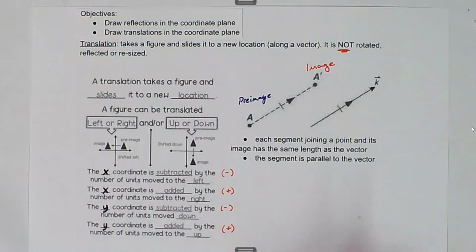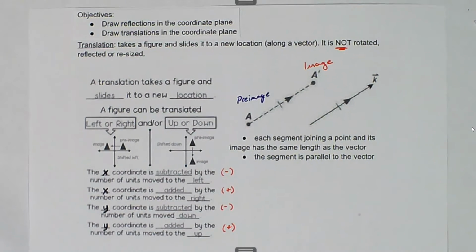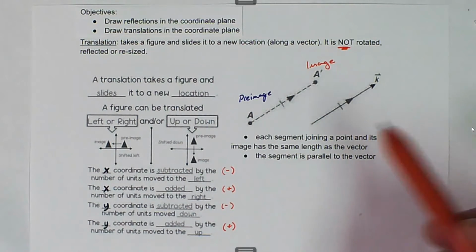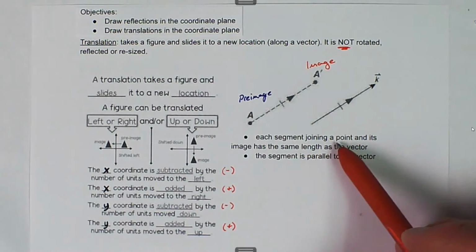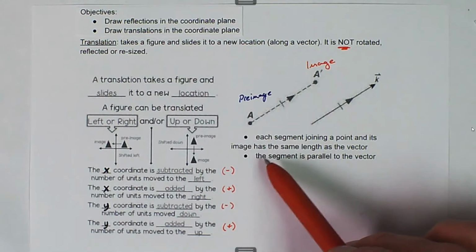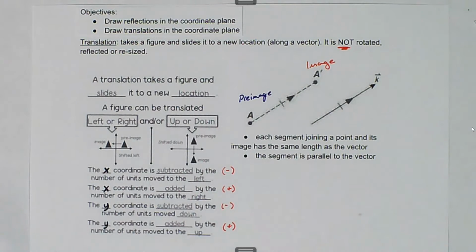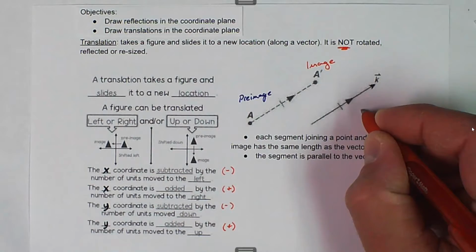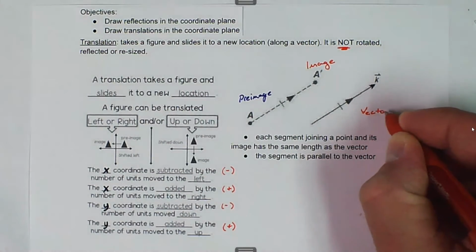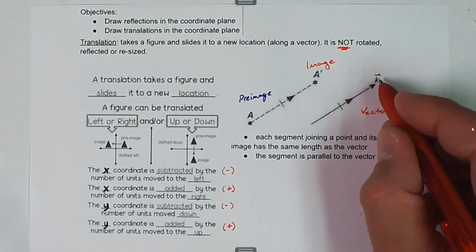So some other pieces of information. Each segment joining a point and its image has the same length as the vector. So in this case, the vector k, and that's what that symbol means there.